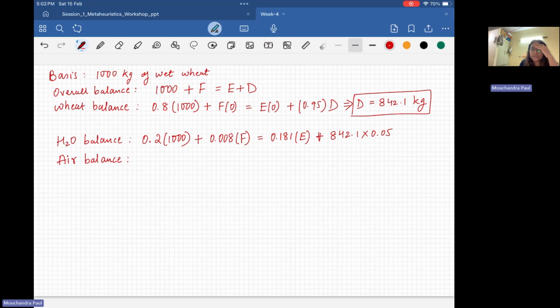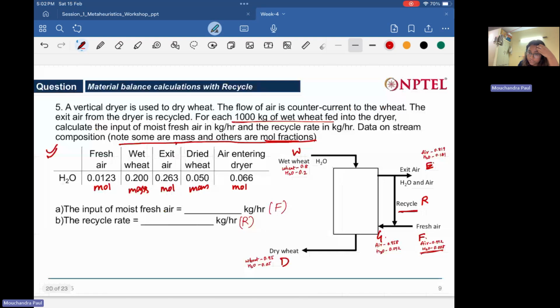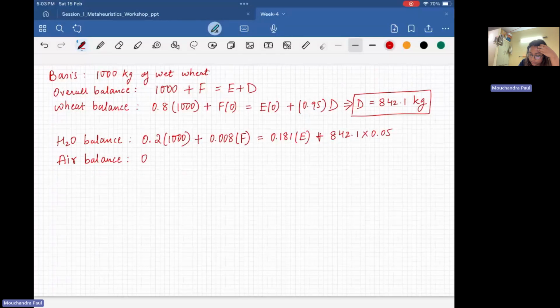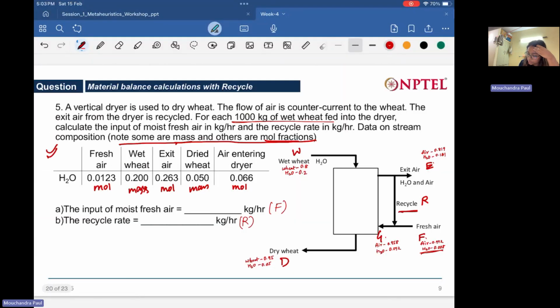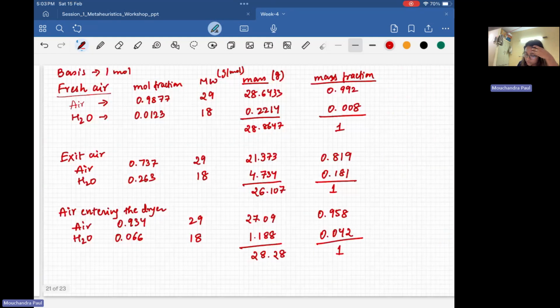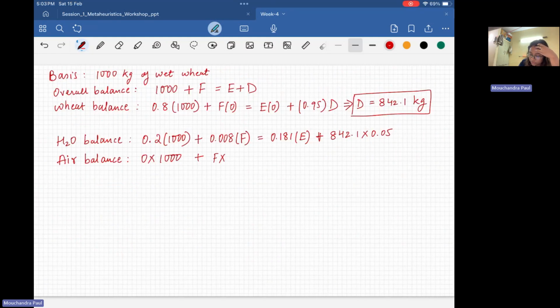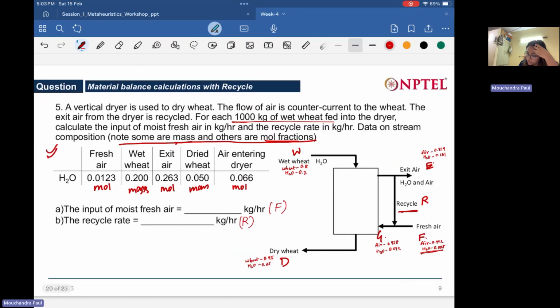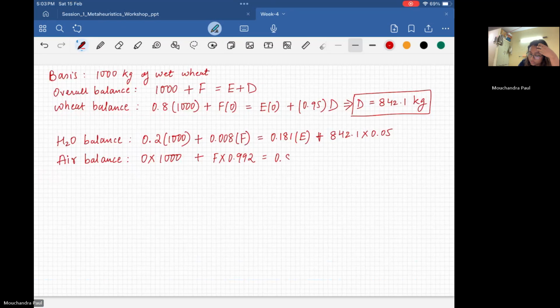Let's do a balance for air. In the wheat, there is no air. So 0 into 1000. The air is coming in from fresh air, so 0.992 F. In exit air, there is 0.819 E, and D has 0.